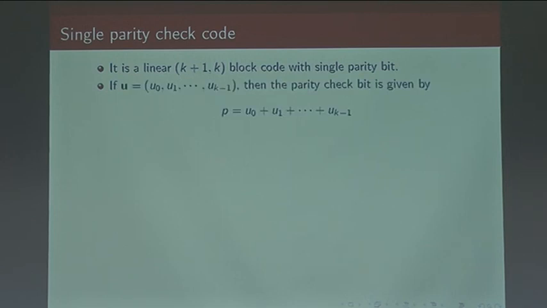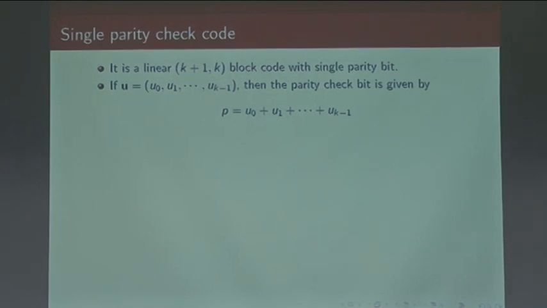And how do we create a single parity check? If your information bits are u0, u1, u2, up to uk minus 1, then the parity bit that you are adding is nothing but the modulo 2 sum of all the information bits. So if the number of ones in the information sequence is odd, p will be 1, and if the number of ones in the information sequence is even, p will be 0.